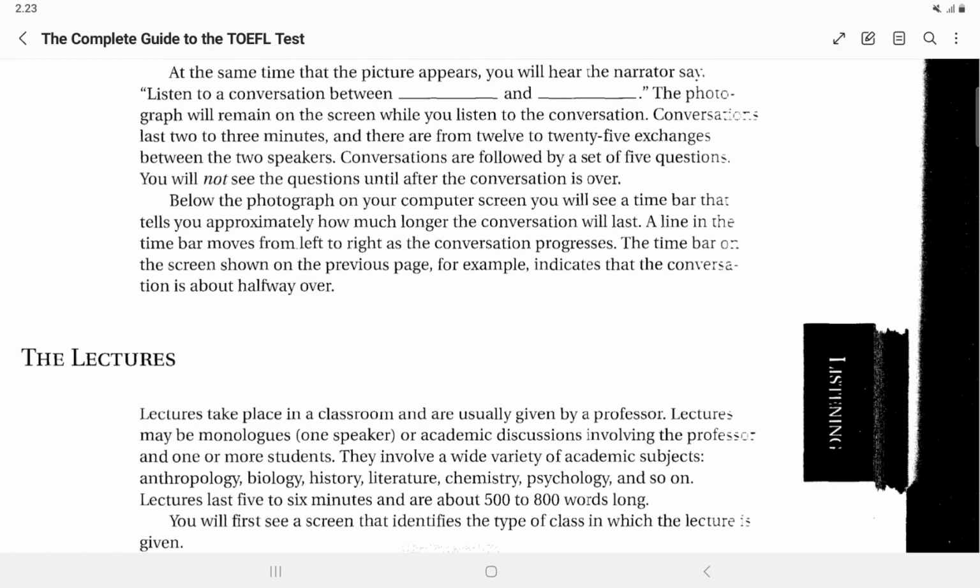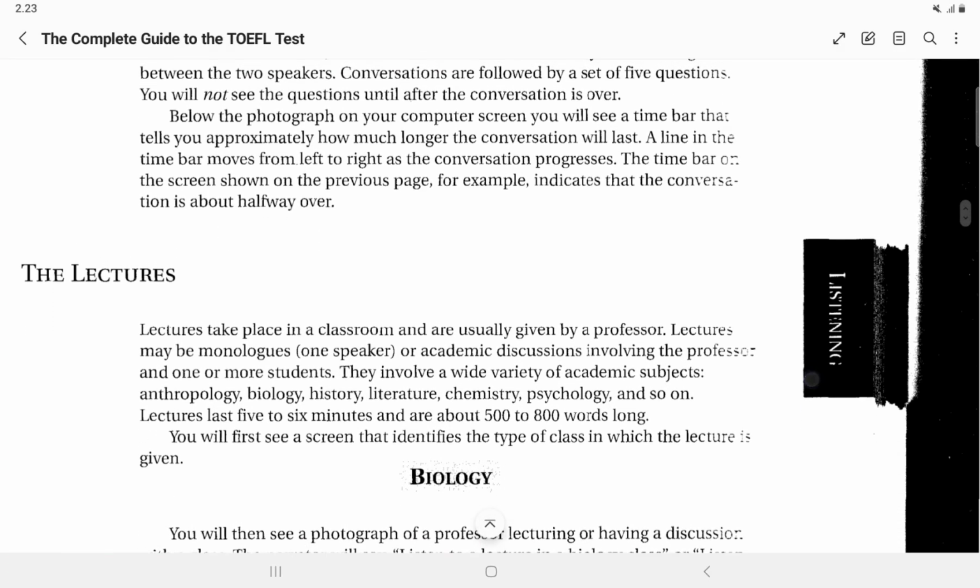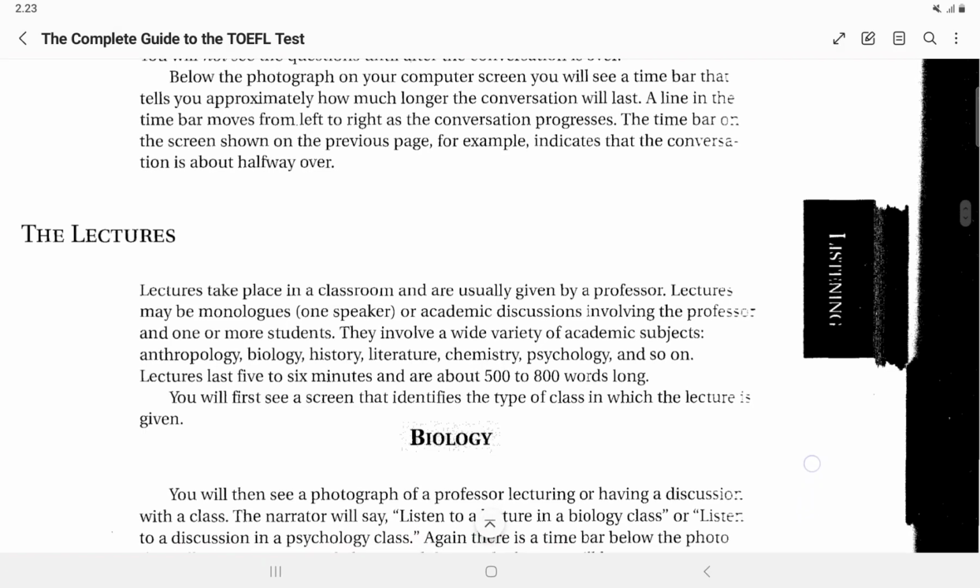Conversations last 2 to 3 minutes and have from 12 to 25 exchanges between the two speakers. Conversations are followed by a set of 5 questions. You will not see the questions until after the conversation is over. Below the photograph on your computer screen, you will see a time bar that tells you approximately how much longer the conversation will last.